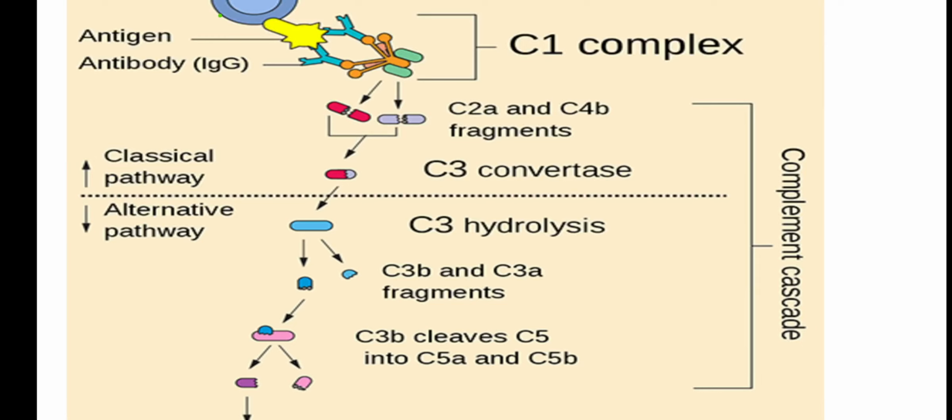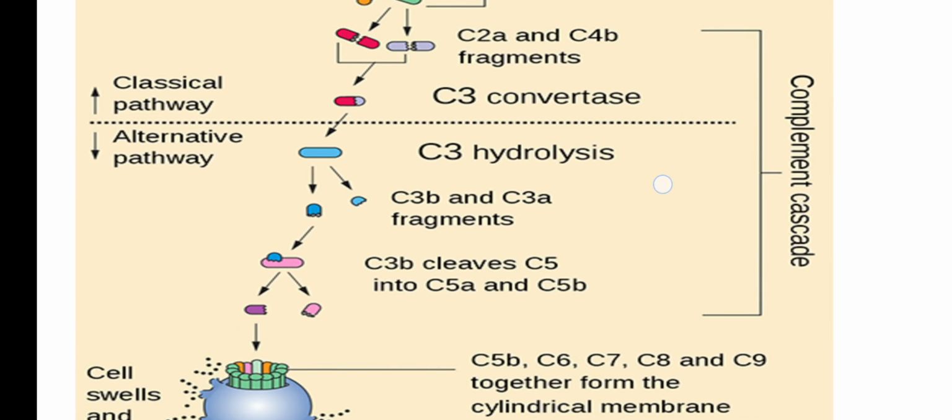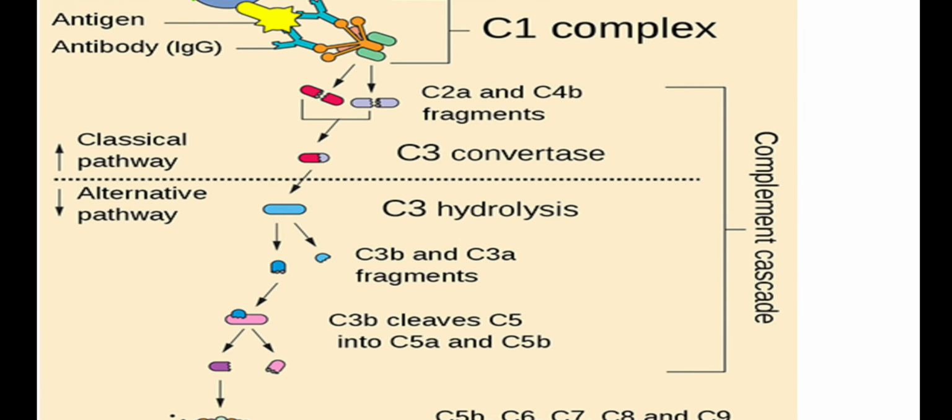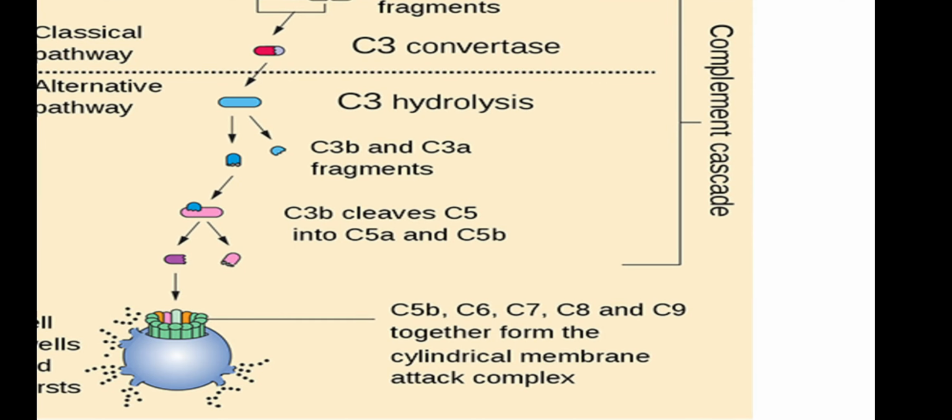This complex of C2a and C4b acts as C3 convertase, and this C3 convertase converts C3 into C3a and C3b, among which only C3b binds to the pathogen and C3a is released. Next, C2a, C4b, and C3b act as C5 convertase and degrade C5 into C5a and C5b. C5a will be degraded and C5b will bind to the pathogen.